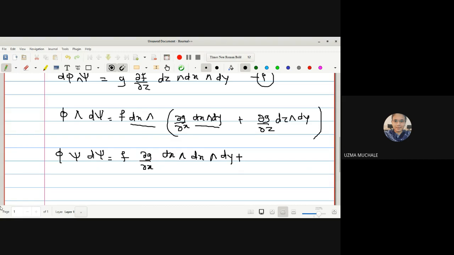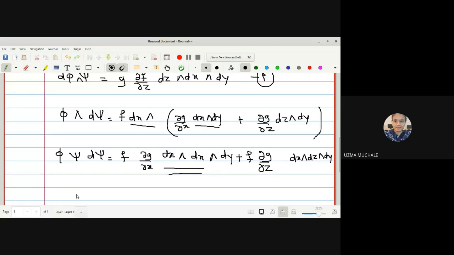Dx wedge product with this term, plus the next term: f is a real valued function, dou g by dou z. If g is a real valued function, its partial derivative is also a real valued function. So what is remaining? dx wedge dz wedge product with dy. Now which term will get cancelled?